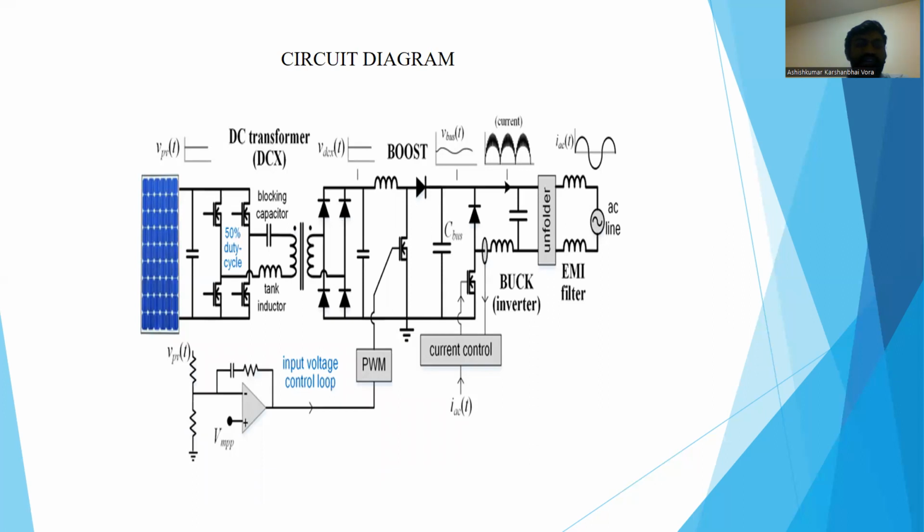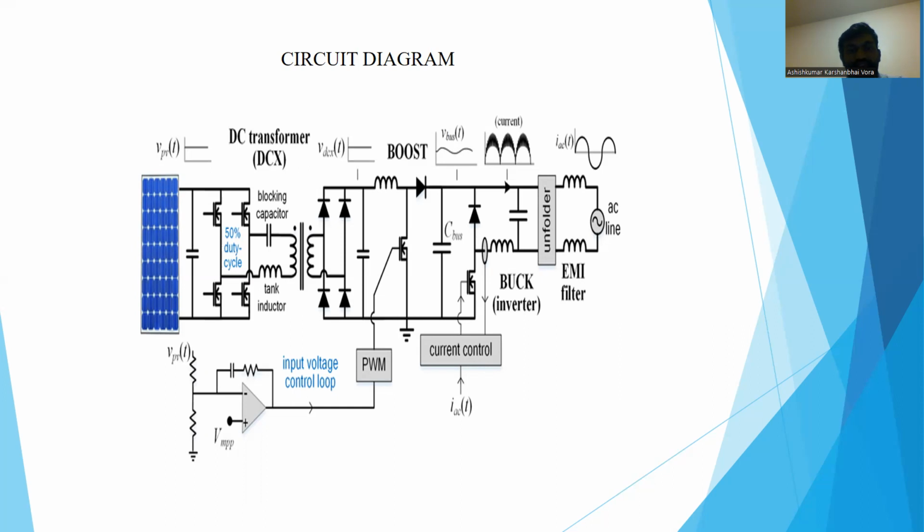Now this is the circuit diagram of my project, which again has the PV panel, linked with the 50% duty cycle tank inductor. It's connected with the blocking capacitor, and again joined with some diodes, an inductor and a capacitor, and it works as a buck inverter with an unfolder and EMI filter, which is connected with the AC line.